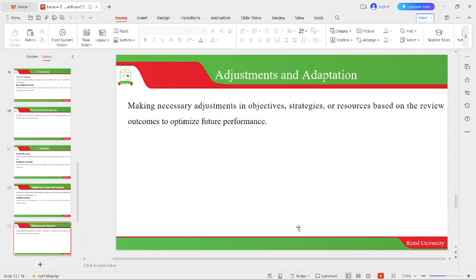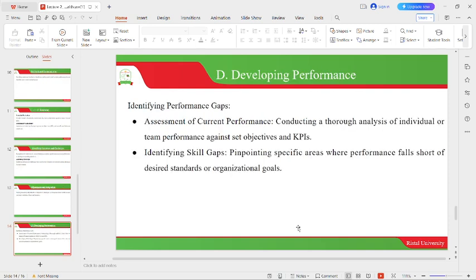If it is because of the inefficiency of the equipment in the hospital, you need to make sure that you purchase or procure the latest equipment which can help the doctors deliver the services, which is basically patient care in that context. So that's about adjustment and adaptation.